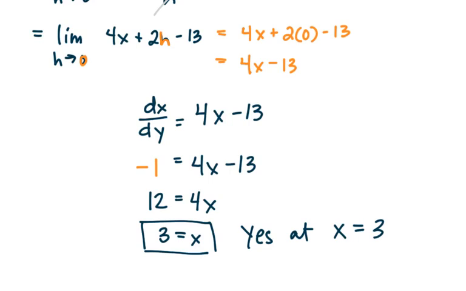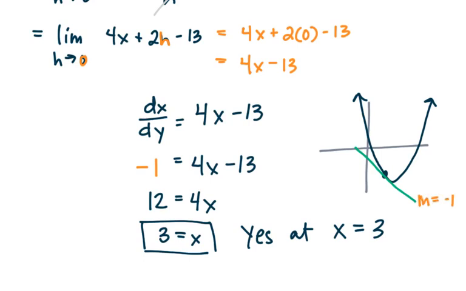If we thought about what the graph looks like, this is a parabola opening up. It should look a little smoother than that, but x equals 3 is right about there on my parabola, and at x equals 3, the graph has a slope of -1. M, my slope, would equal -1.